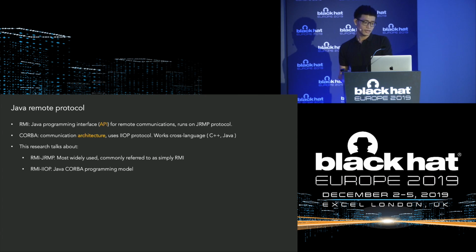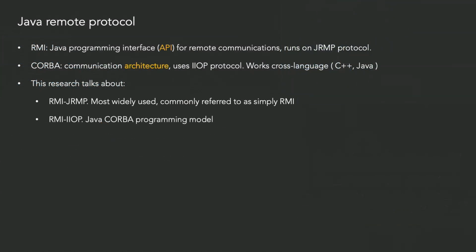So RMI is actually a programming interface, but it's most commonly known for the JRMP protocol, which is the protocol that facilitates the method calls underneath. And there is also CORBA.